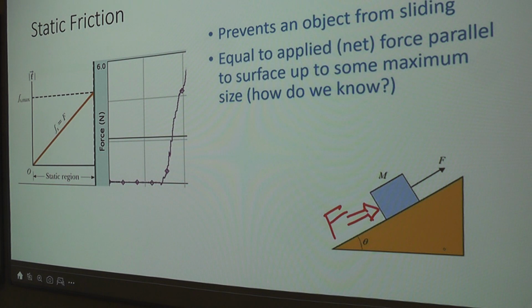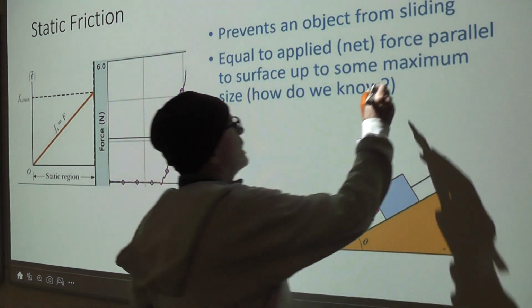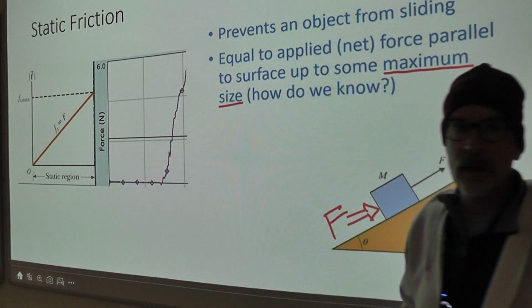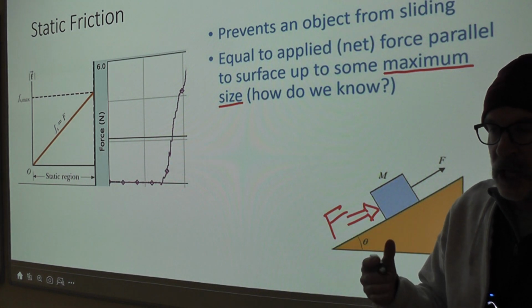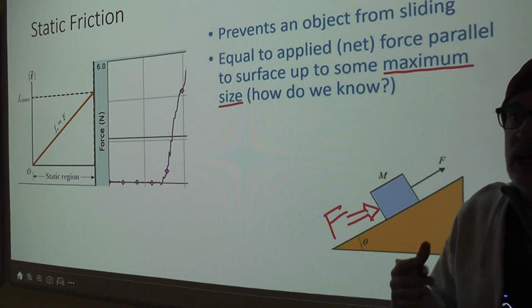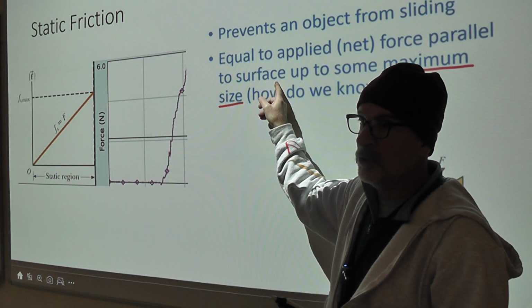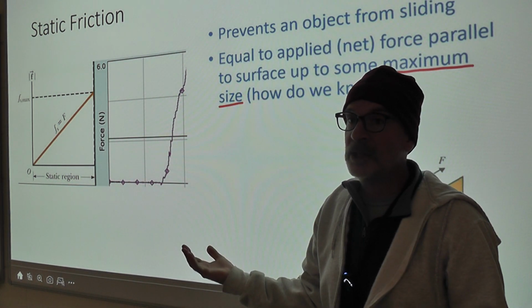We know that we can only get to some maximum size when we talk about this mysterious changing static friction force. And we know that because if this force could continue to grow, we could never get an object to accelerate.